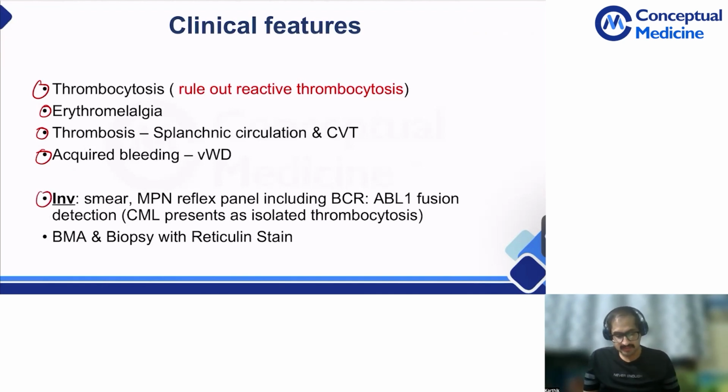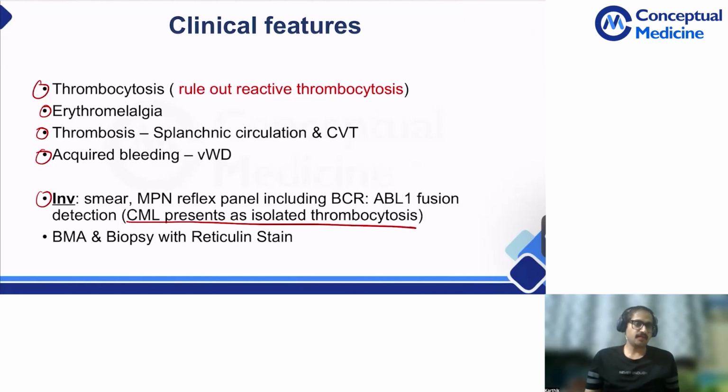So remember, this point is very, very important. Just want to highlight for clinical practice. CML, chronic myeloid leukemia in chronic phase, commonly presents as isolated thrombocytosis. Though the Western data is less, Western data shows only 5% of patients of CML in chronic phase present as isolated thrombocytosis.